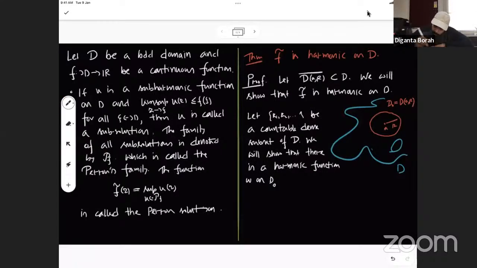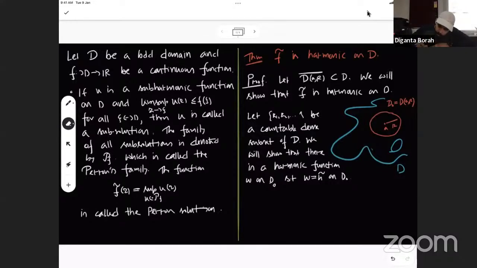So W on D naught is such that W is equal to f tilde on D naught. Okay, so I am going to construct a harmonic function on this disk which agrees with f tilde. This will definitely prove that f tilde is harmonic on D naught. But see, now suppose I already know that f tilde is continuous.